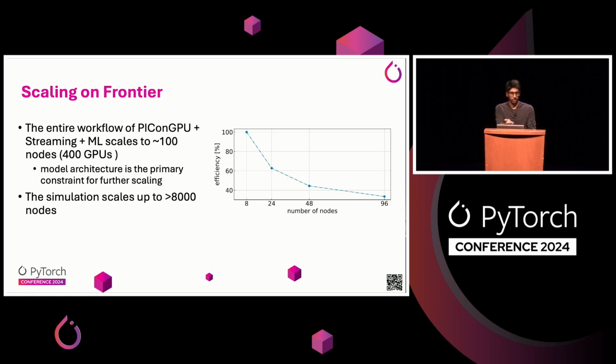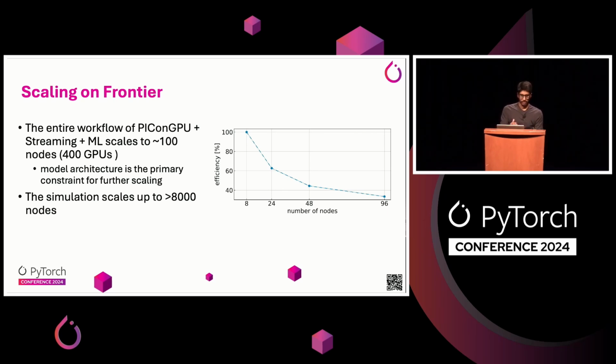We believe the model architecture was a primary constraint for scaling further, because the communication bottlenecks at that point overwhelmed any benefit we would gain from scaling further. But the simulation part, PIConGPU, the plasma physics part of it, can scale up to 8,000 nodes on the system. So we know that there's further room to improve.